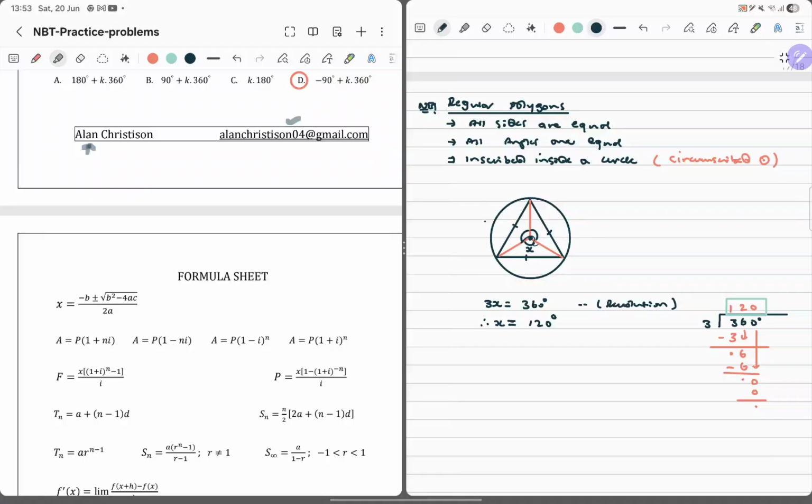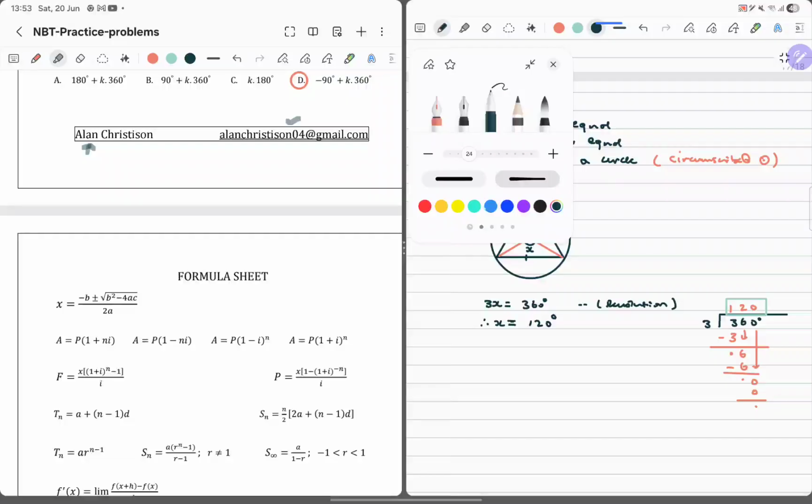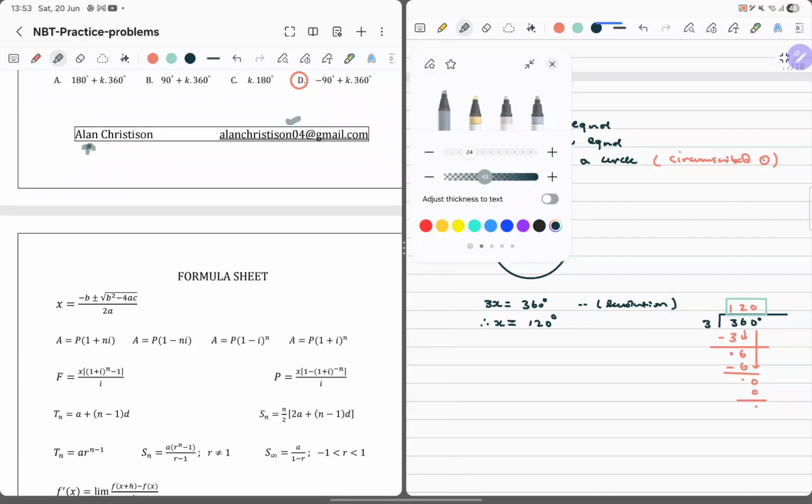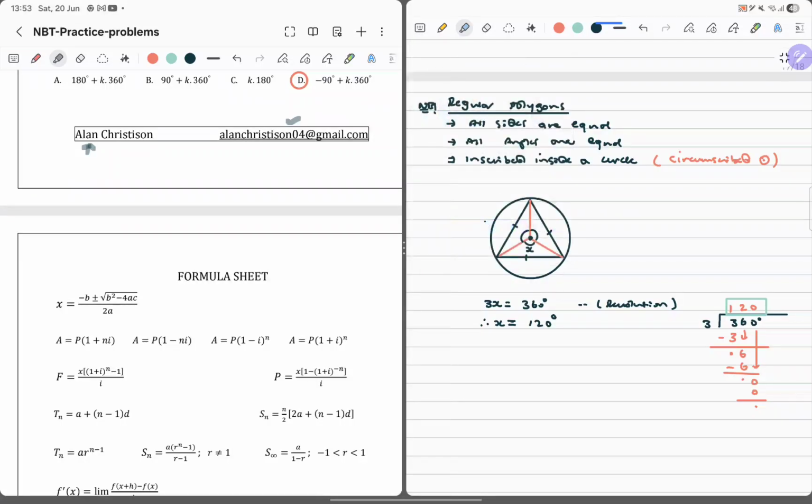But now if I'm looking at this angle at center, let's make it nice and easy. What would be the angle at circumference for the same chord or arc? We know that the angle at center is 2 times the angle at circumference.